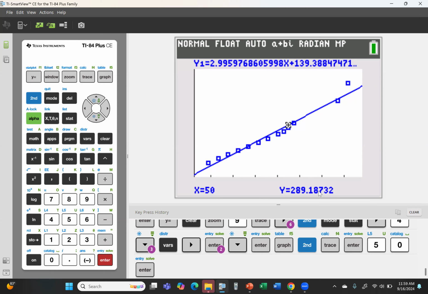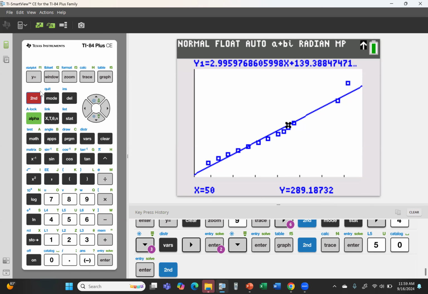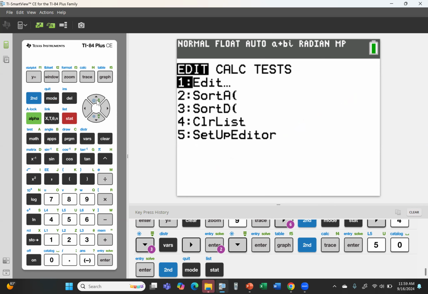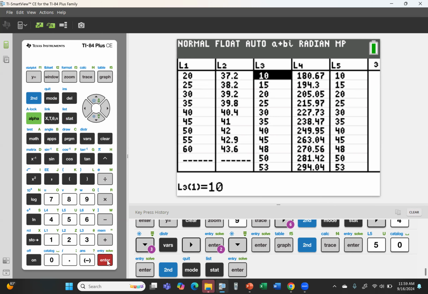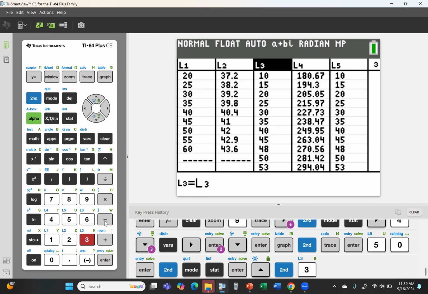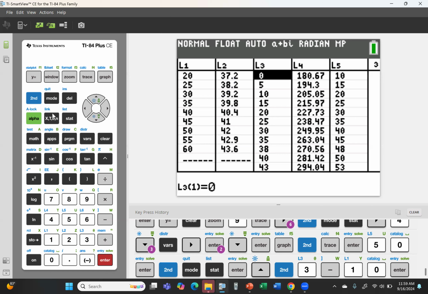Now, real quick, I'm going to go fix my data back. I'm going to realign it. I'm going to regraph it.